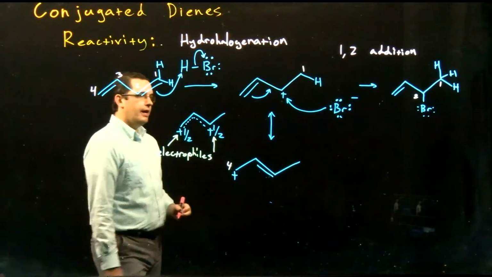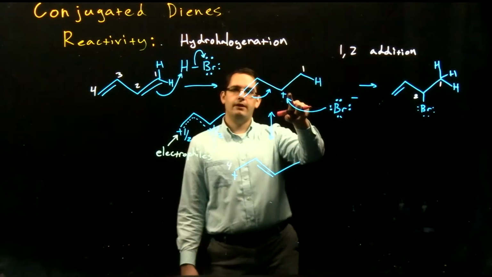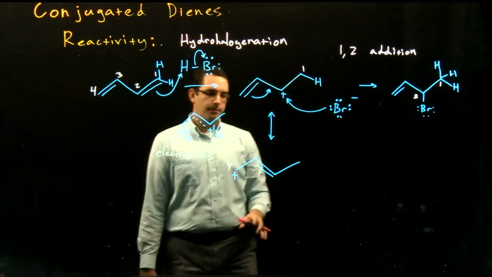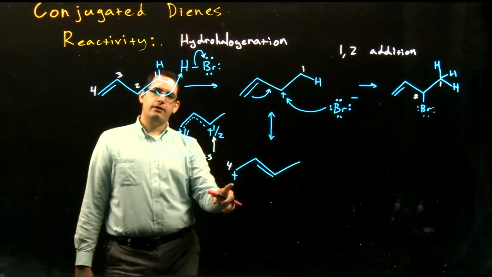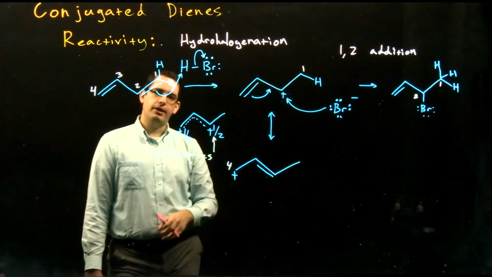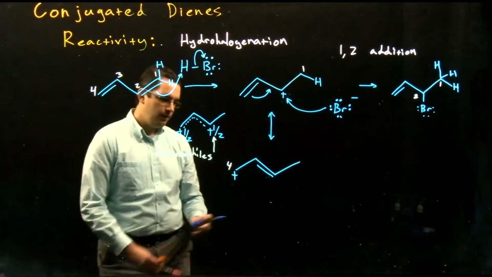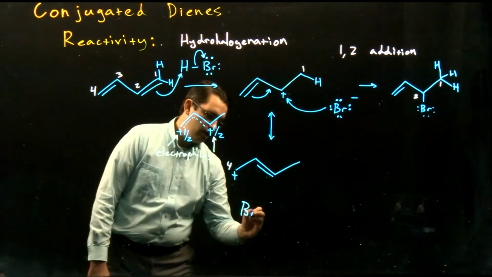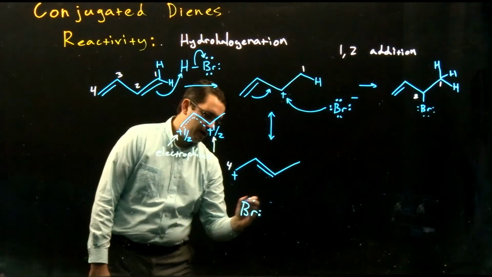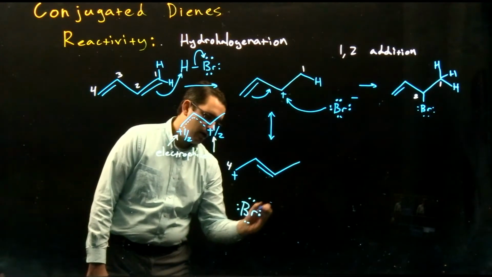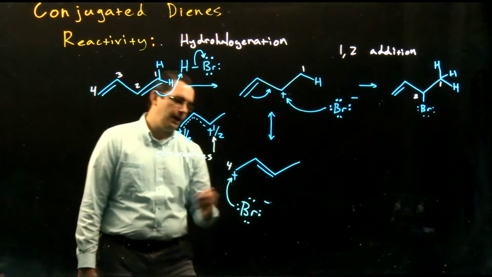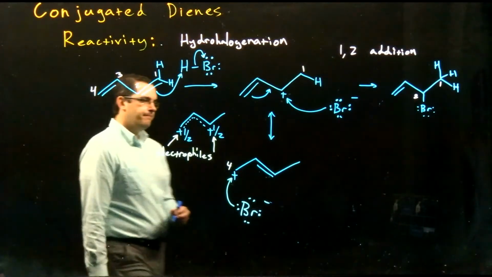So in our initial reaction, we attacked that electrophilic site on the right, but we also have an electrophilic site here on the left that we could attack as well. So our bromine could come in here as our bromide ion and attack as our nucleophile to that electrophile.